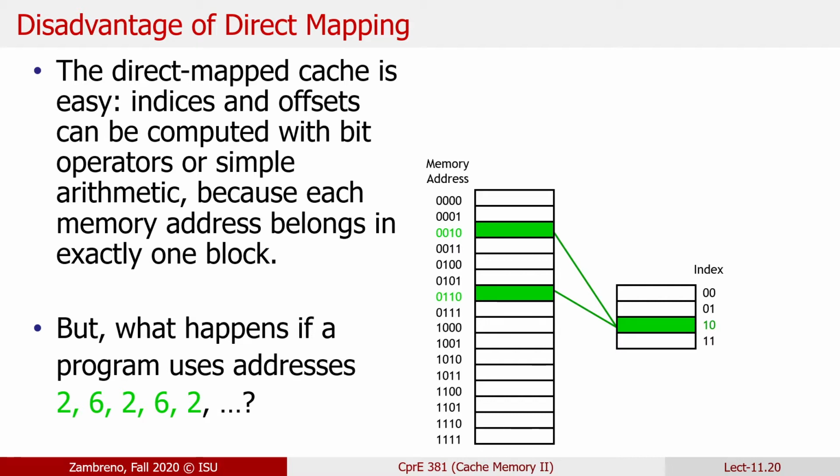It would be effectively a waste of our space that we've dedicated to that cache. We have room for 4 blocks, but because of our particular access pattern, and this is a very synthetic case, we're aliasing. We're having conflicts where multiple addresses are all corresponding to the same exact location. We're not really using our cache very effectively there, and it is hard from a programmer's perspective to know if that's ever going to happen or not.